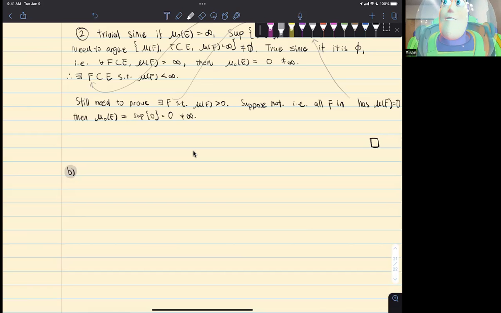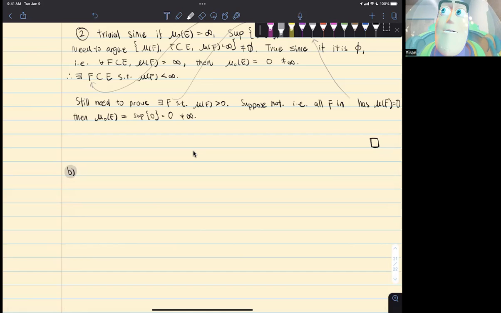But the problem appears when I consider the case that all of the EJs are finite, because that doesn't work anymore. The union of EJ, where each EJ has finite measure, may have infinite measure. So that is the problem. Because mu of the union of EJ is equal to the summation of mu of EJ, right?